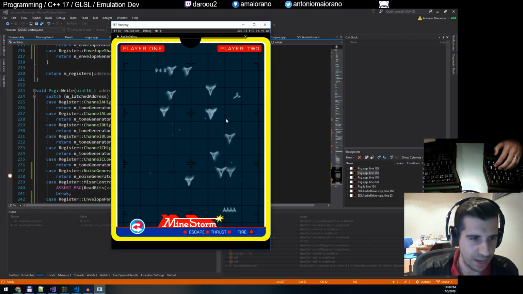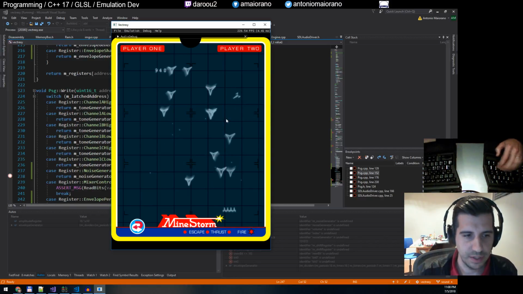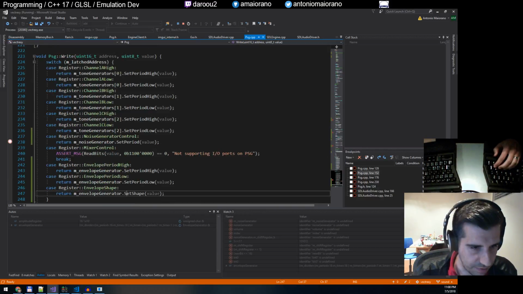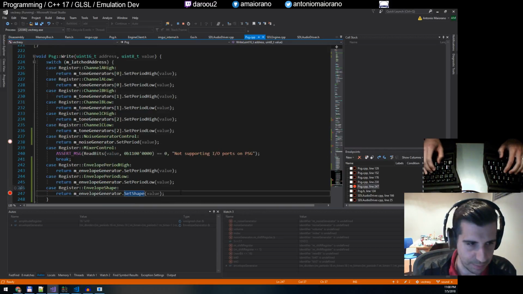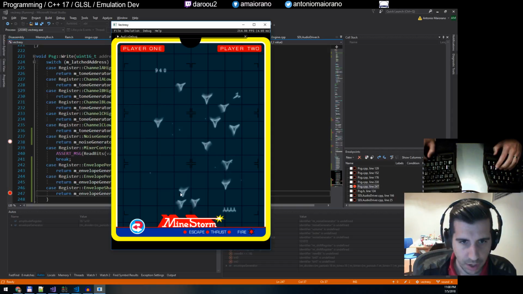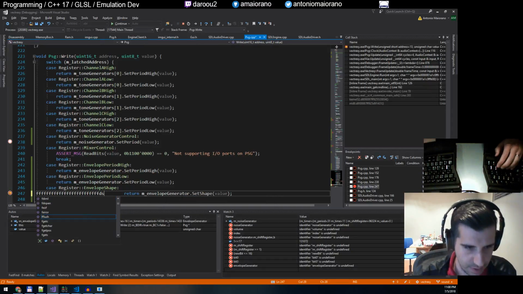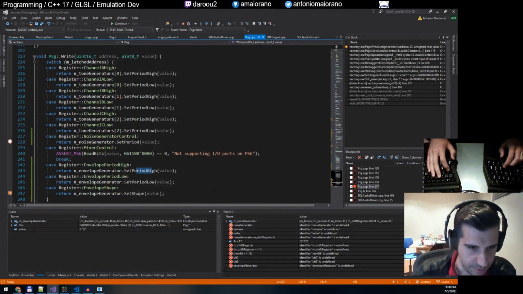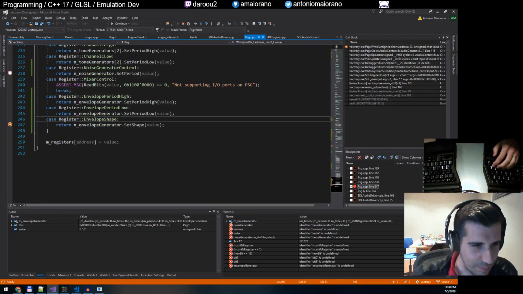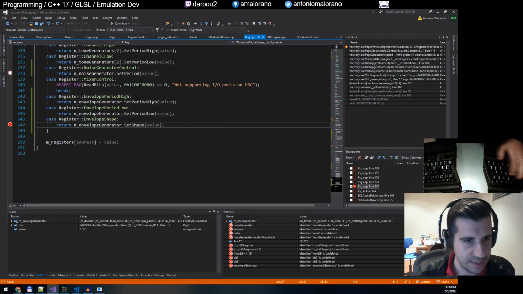So we can hear that when I hit something, it restarts. So the set of the shape must be happening as soon as I hit something. If I put a breakpoint here, see, as soon as I hit it, the set shape occurs.